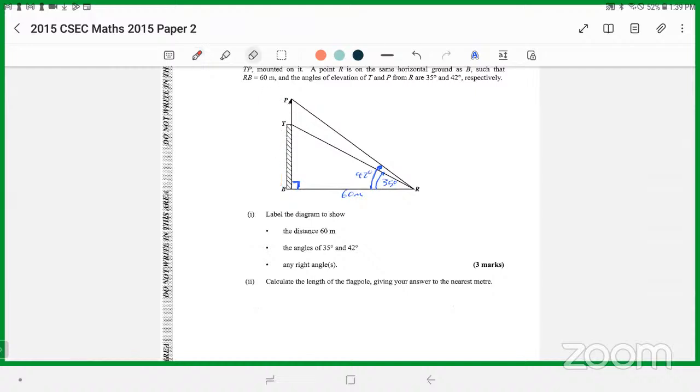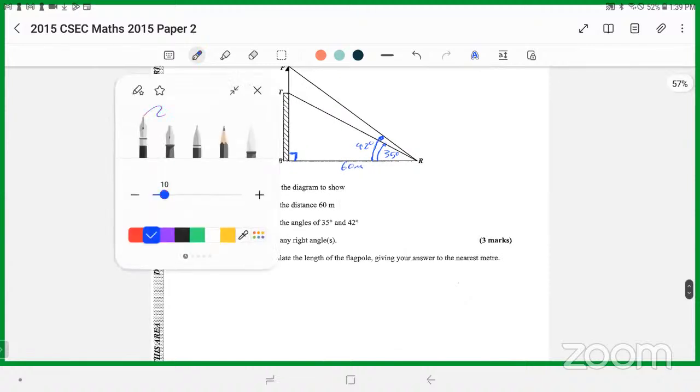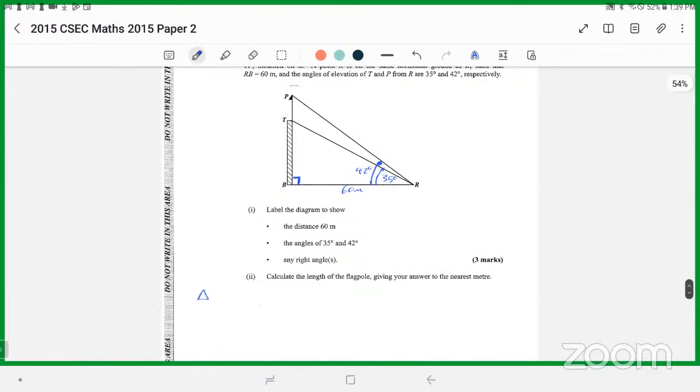So let's set it up this way. The big triangle first, triangle PBR, the big one. I want to get the overall height. The adjacent is 60. I want the overall height, so I'm going to use tan, and the angle is 42 degrees in the big triangle.